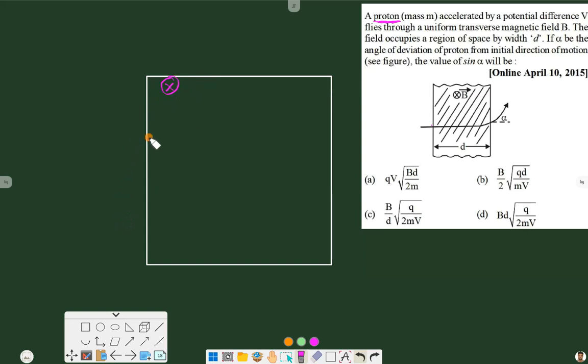Let this thickness be the distance d, and this d is very large as compared to the radius of the circular path the charged particle will take after entering the magnetic field. So suppose we have a charged particle entering from here. When it enters from here, it will start rotating in a circular path, keep moving in the circular path, and come back outside like this.